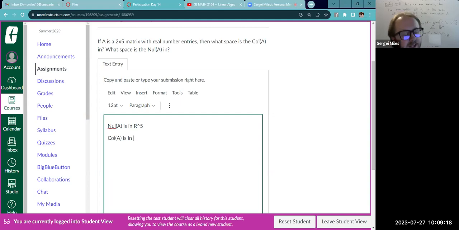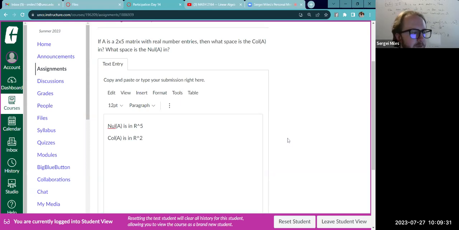It's a set of combinations of the columns. Each column only has 2 entries. So these possible outputs are in R2. And so this will give us our answer for today's problem. This is really just trying to highlight the difference between domain and codomain and what the column space and null space have to do with each of them and what spaces they live inside of.